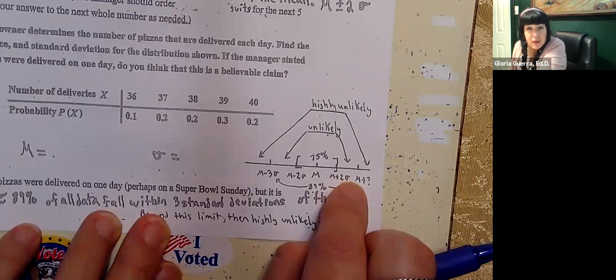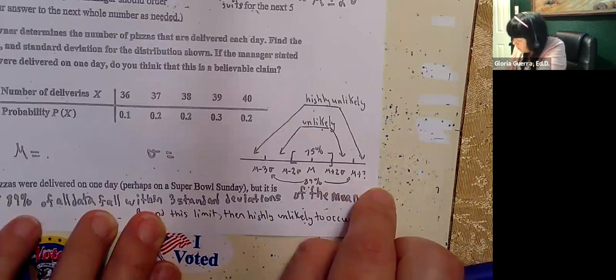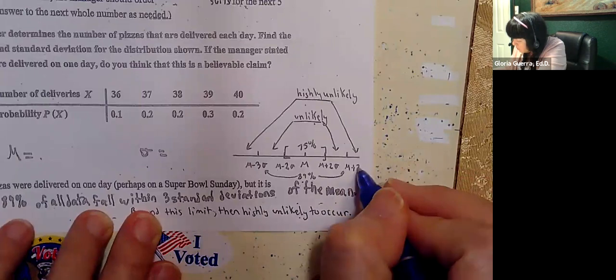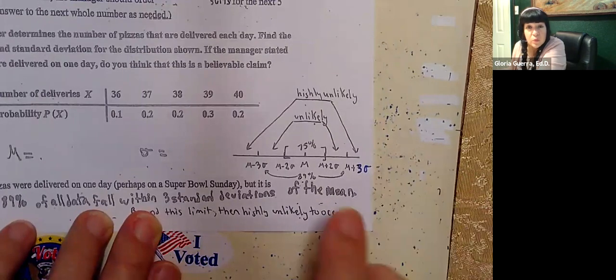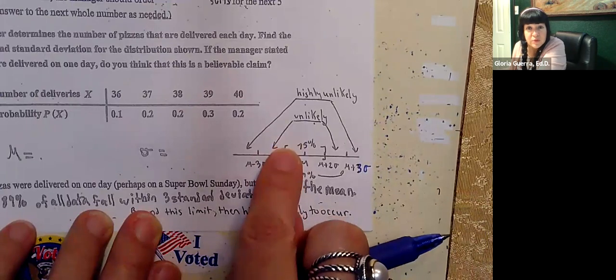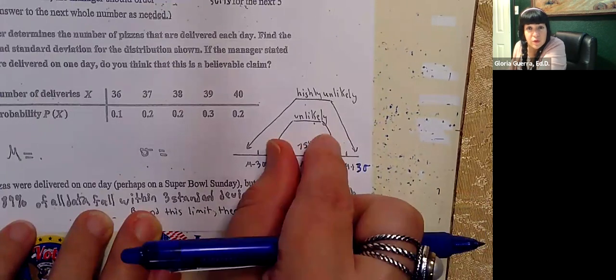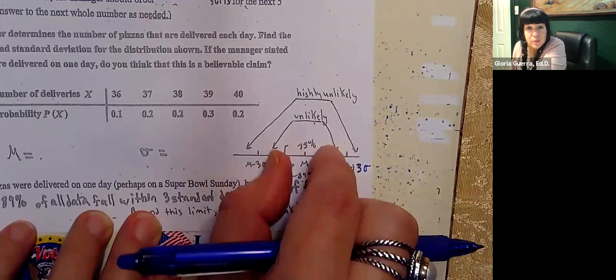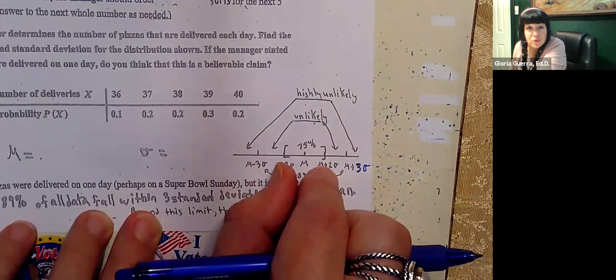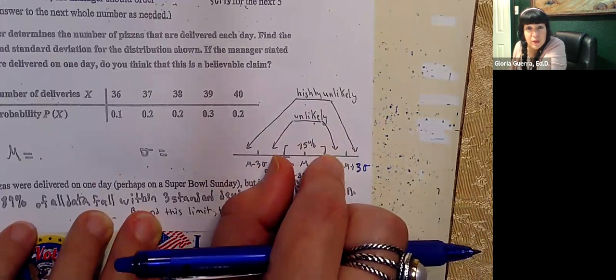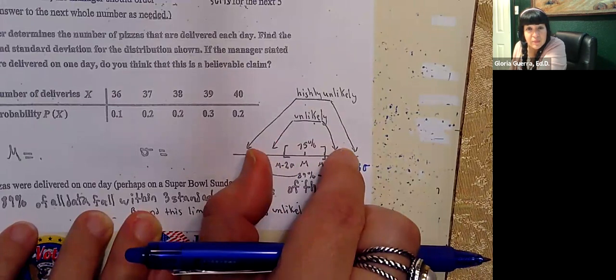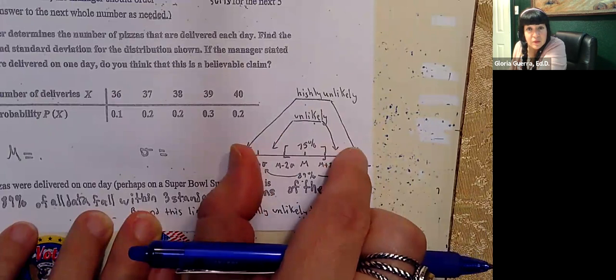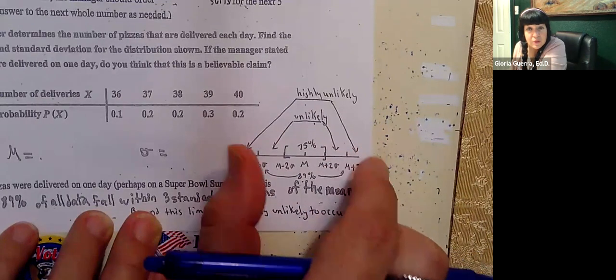This got chopped off: it's plus 3 times sigma. Most of our data, like 75%, will fall in this little range between 2 and -2 standard deviations of the mean. But once they fall outside of that, it's unlikely, and then highly unlikely.